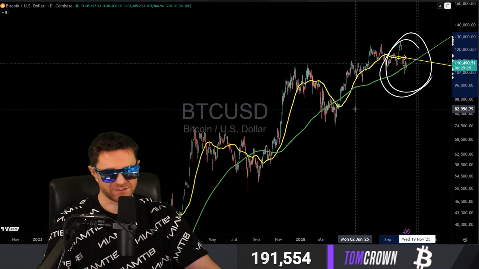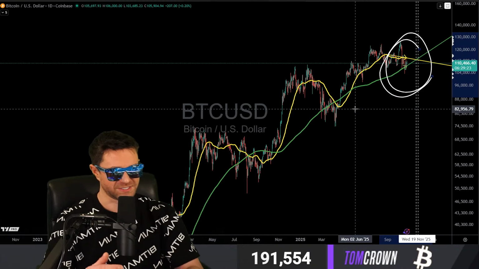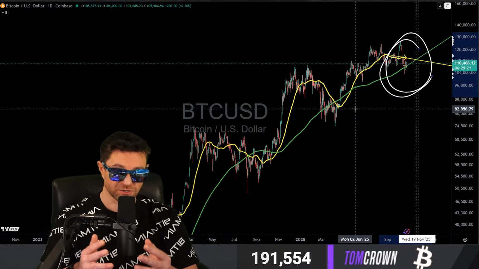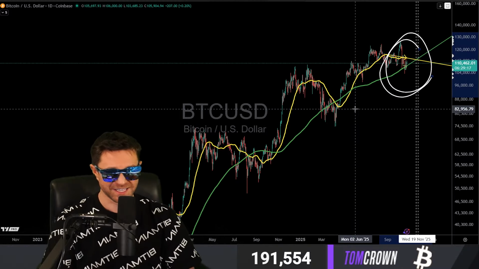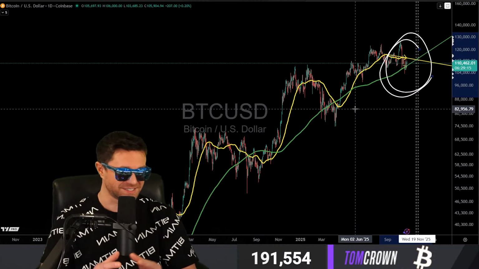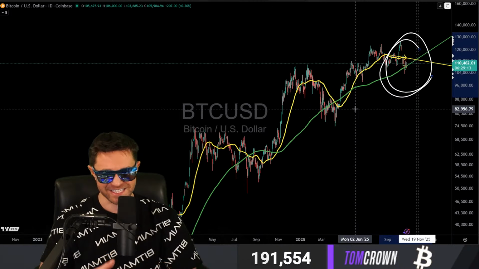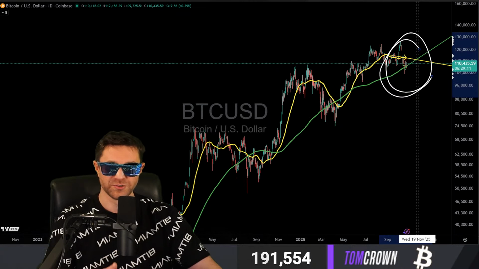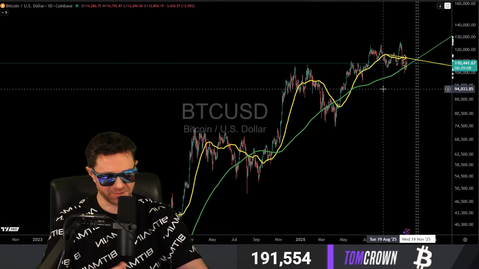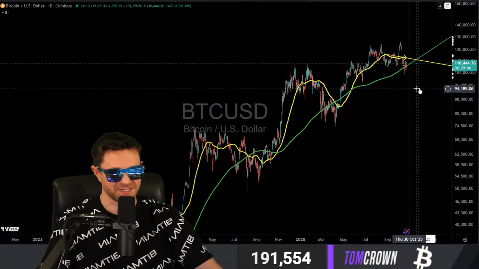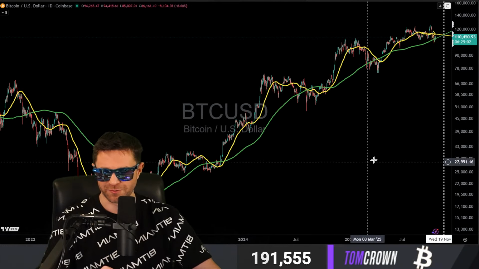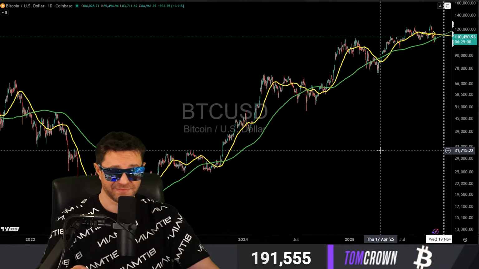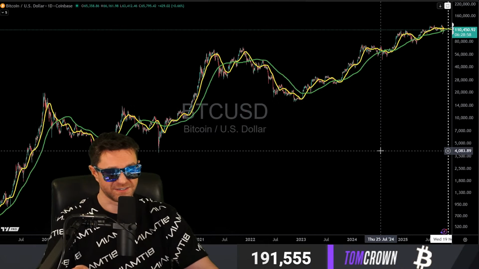Once death crosses don't mark bottoms, and once golden crosses are no longer leading to expansive upside moves, that's likely, or I'd say even very likely, a signal that the bear market is here, that the bullish trend is over. I've never heard anyone really talk about that concept except us, but once we see them fail to perform the same way they performed the entire cycle, I think that's going to be a pretty clear-cut sign.